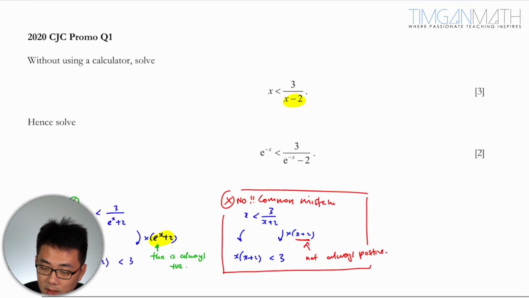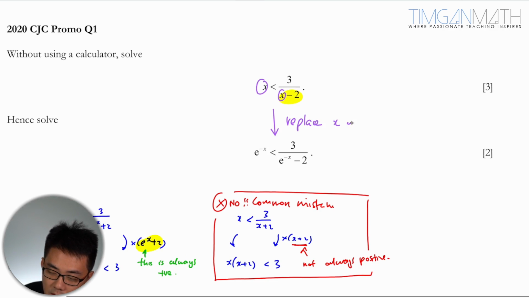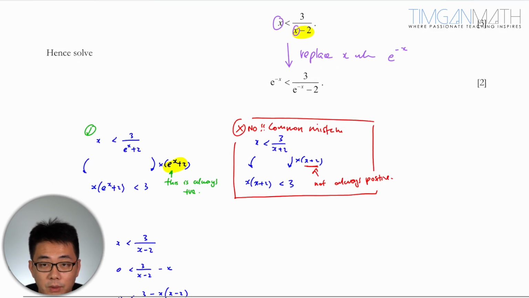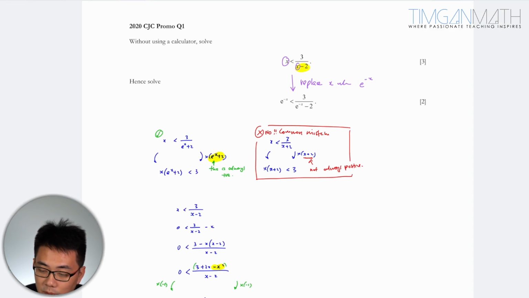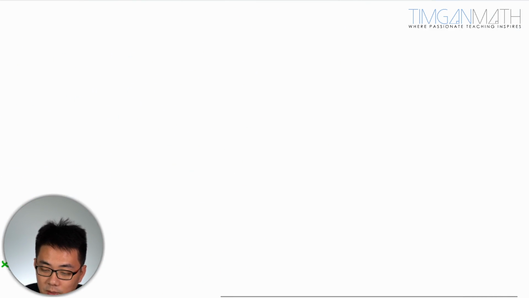Now for the fun one. From here to here, essentially what you need to do is just replace x with e to the power minus x. So that's the case there. If you replace x with e to the power minus x, the solution will be replaced as well.